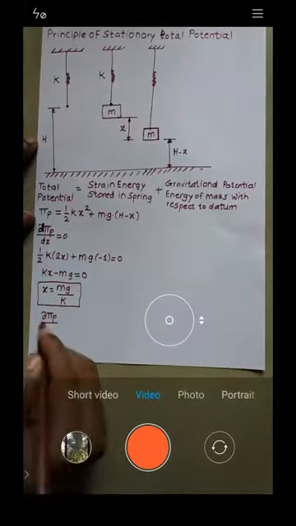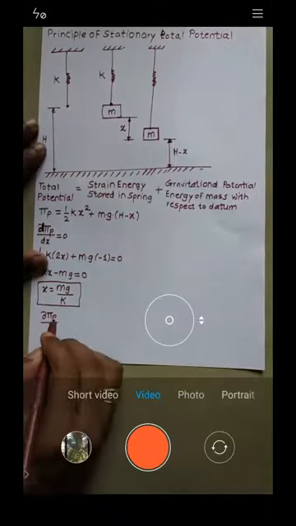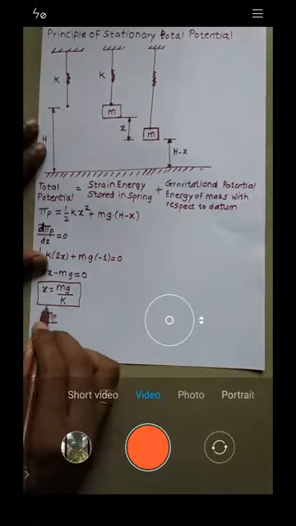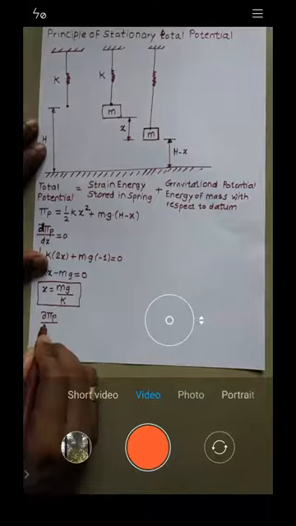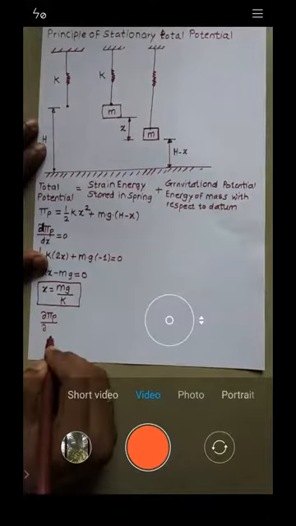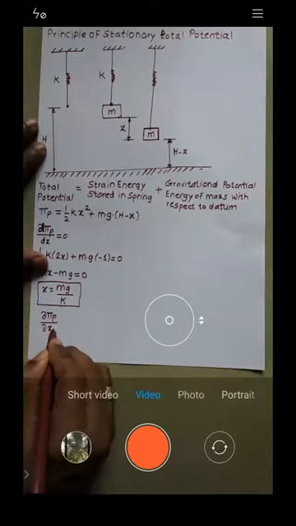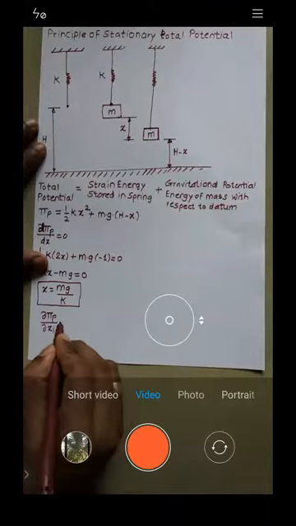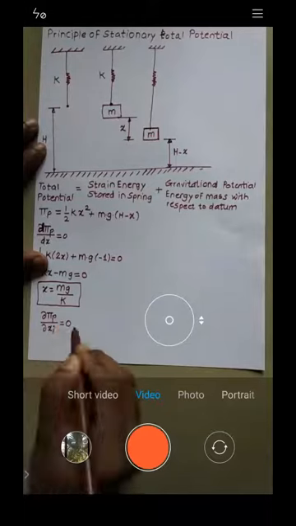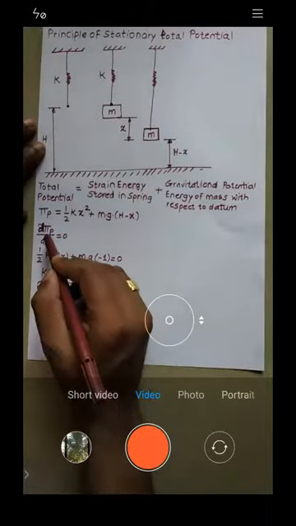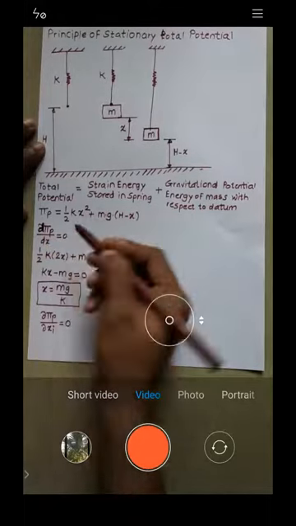In that case, you need to differentiate the total potential pi p partially with respect to those variables, so I will write dou pi p by dou x i is equal to 0. Here it's only one variable, so I differentiate it completely, that is d pi p by d x is equal to 0.